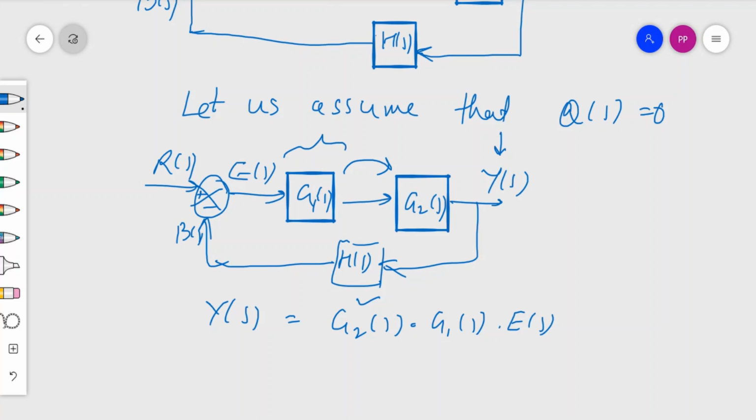So I am writing the expressions in the way that the output of G1(s) is going to the input of G2(s), and output of G2(s) is Y(s). Similarly, E(s) is entering the G1(s) as input.